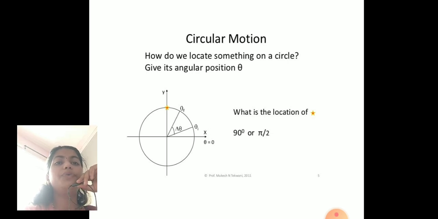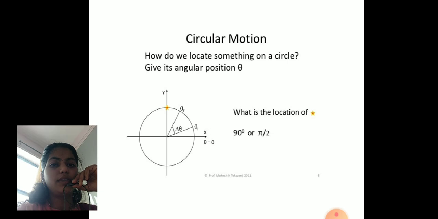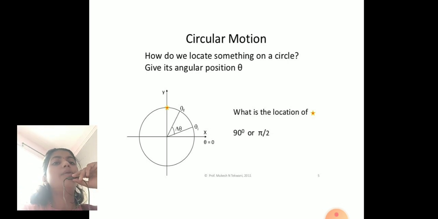How do we locate something on the circle? Give the angular position. To describe a circular path or the motion of a body, we have to consider the angular position of the body, which is denoted by theta.